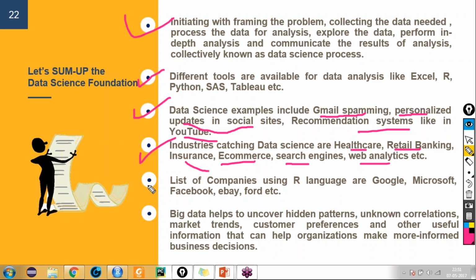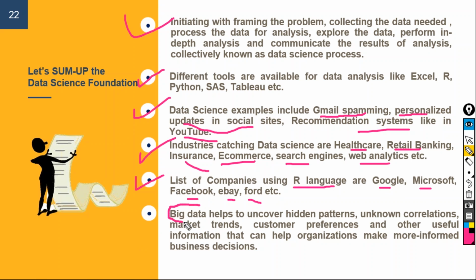Okay, so let's come to the next point, which is the list of companies using R language. These are very well-known companies: Google, Microsoft, Facebook, eBay, Ford, and many more, as we have discussed in the slides, right? And last but not least, big data, which is a very big buzzword.